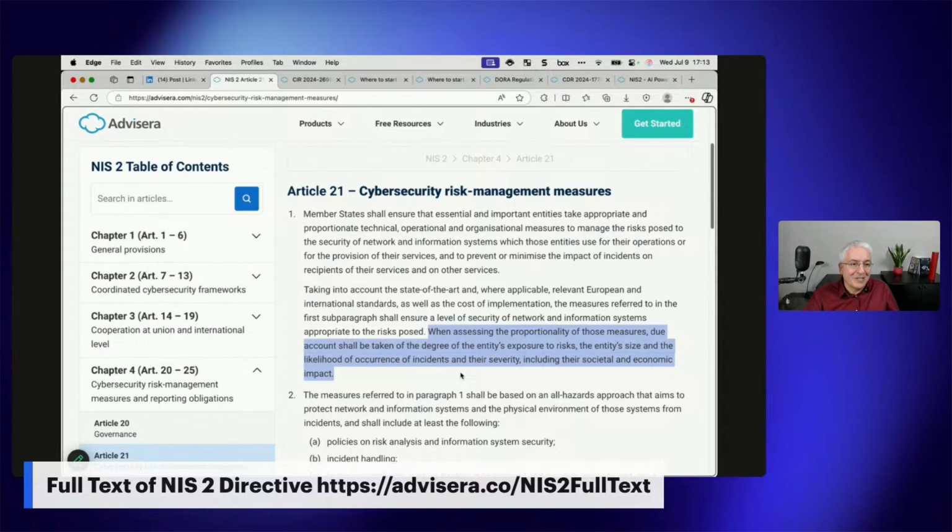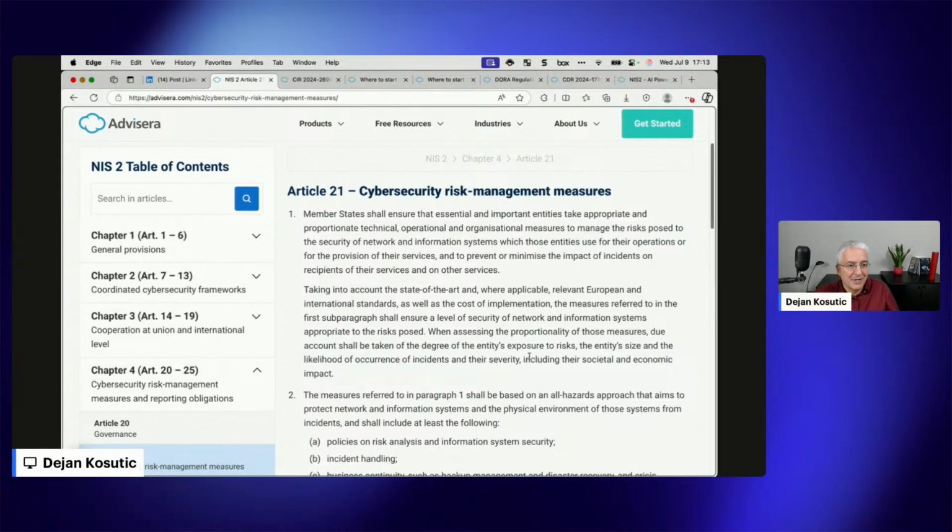So it doesn't mention business impact analysis directly, but it does indicate that there should be some kind of in-depth analysis of the impact of incidents. So not directly, but indirectly.